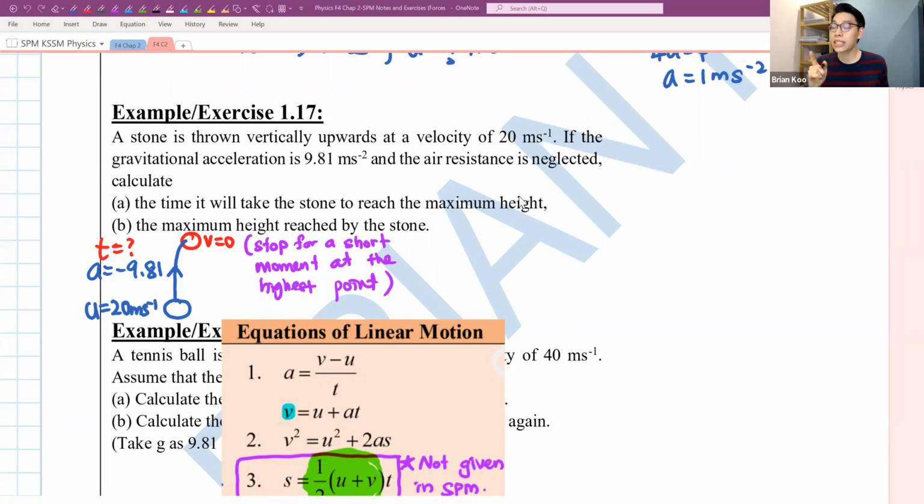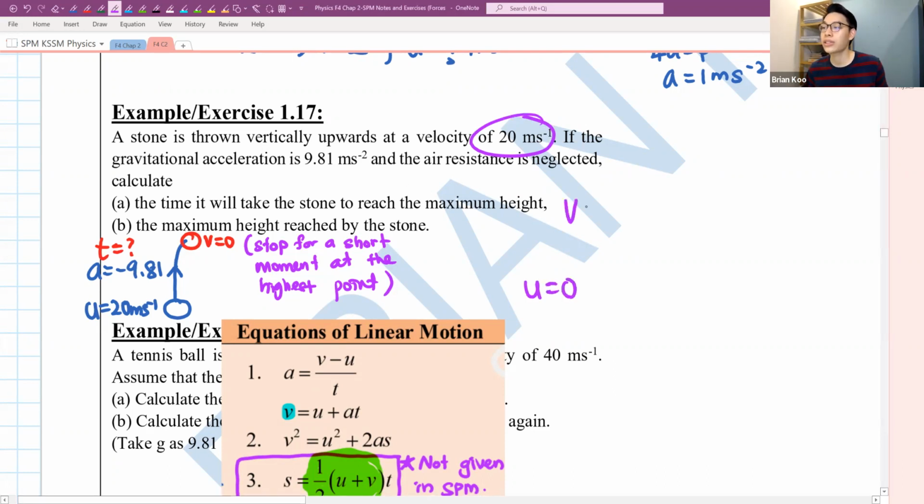And then it will make sense because if you don't put u equals to 20, then this 20, you don't know where you want to put also. And you don't know what for you want to put, right? If you say that the u is 0, and then you say the v is also 0, it means it's not moving at all. Okay, so either the u or the v, if one is 0, the other one cannot be 0.